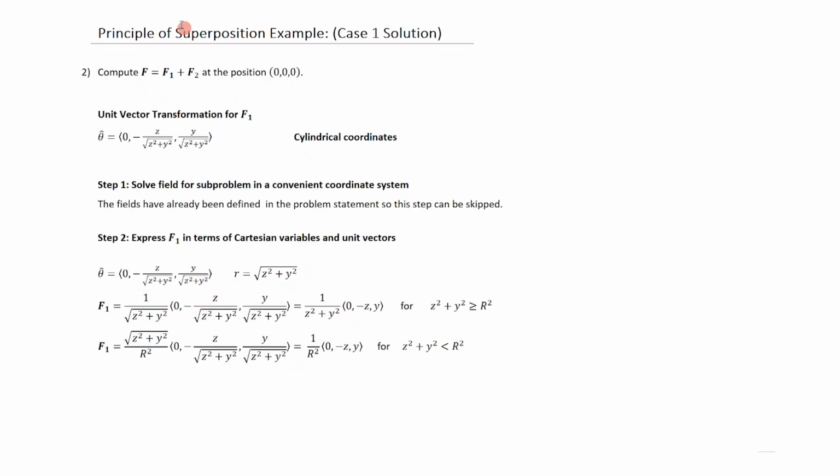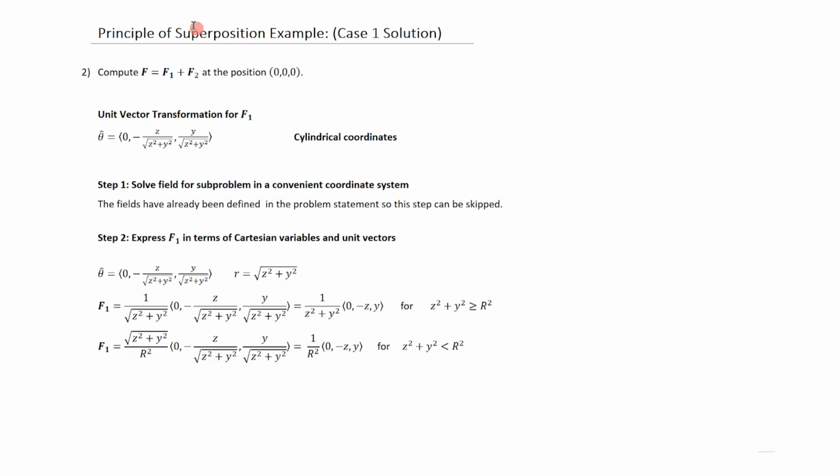All right, so the second part of the problem was to compute the total field, that is, the contribution of the cylinder and that of the slab at the position 0, 0. So the first step would be to transform the equations for the field for this cylindrical object from cylindrical coordinates to Cartesian coordinates.